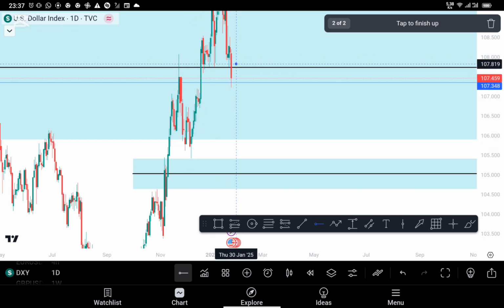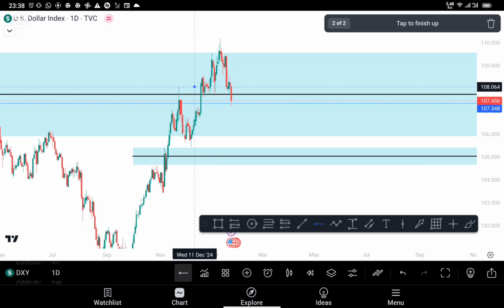I think it's here, according to the way I'm viewing this market structure. So the market is likely to visit this place first before it comes here at our internal range. Right now our focus is here. We are looking at the daily time frame, so nothing less than that. We're just going to wait and see how this plays out.